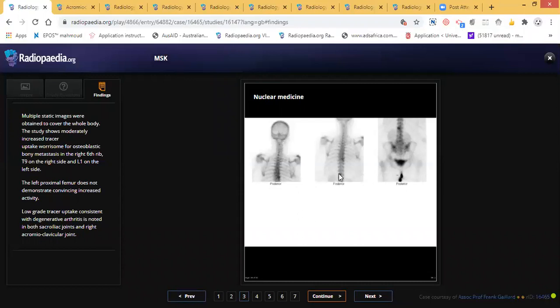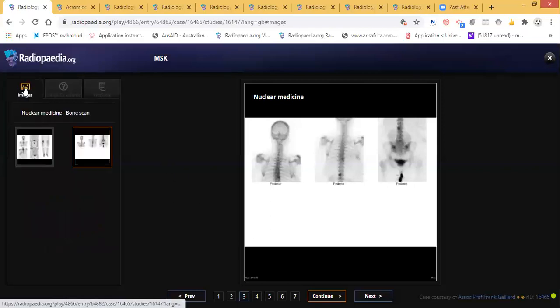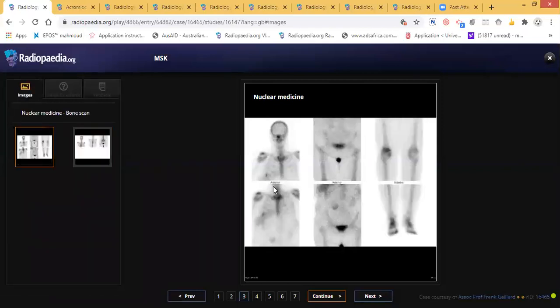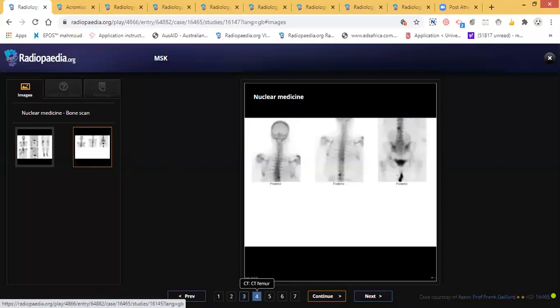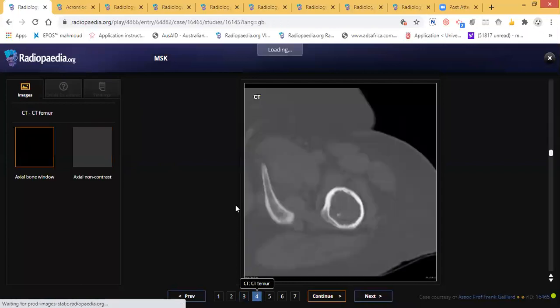So you have something that goes with maybe metastasis, right? Good differential.